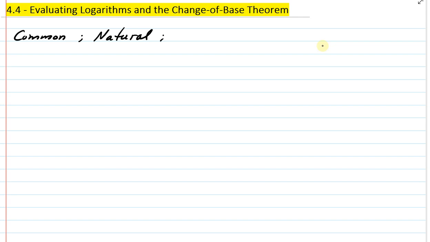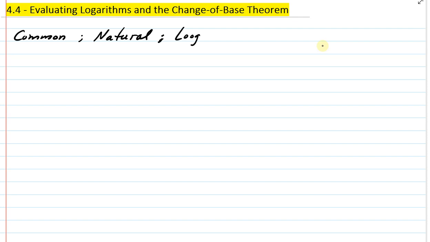So we have common, natural, and then we also have log base 2. I know not many people have heard about this one, unless you're a computer scientist, then you definitely know about this one because it's used throughout the computer science community and computer science textbooks.